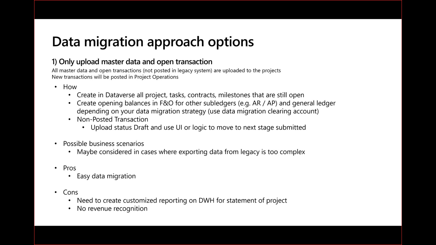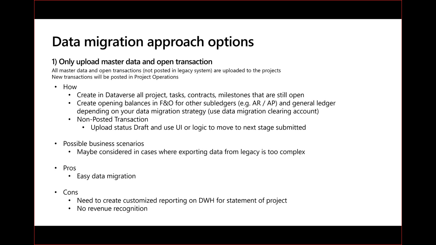Everything reported before that would not be in your project operations. So if you need such a report, you will have to use a customized report in which you mix and match data from the new project operations as well as information that you can still extract from the legacy system. And also in your project operations, you cannot do revenue recognition. So this is really not an ideal situation.